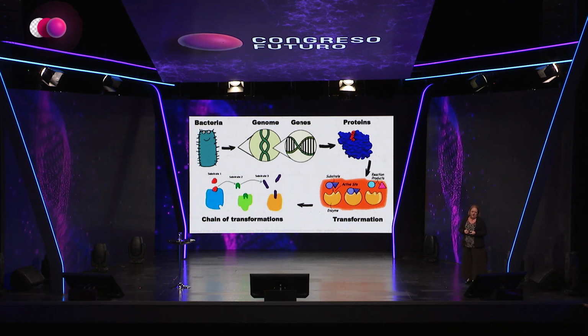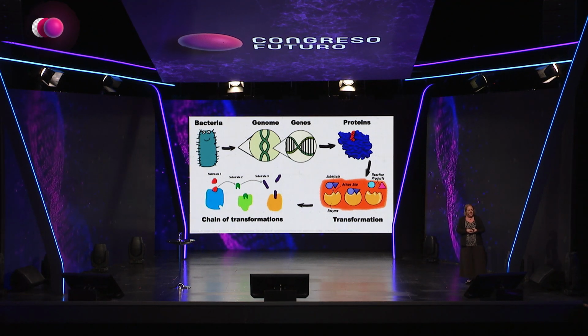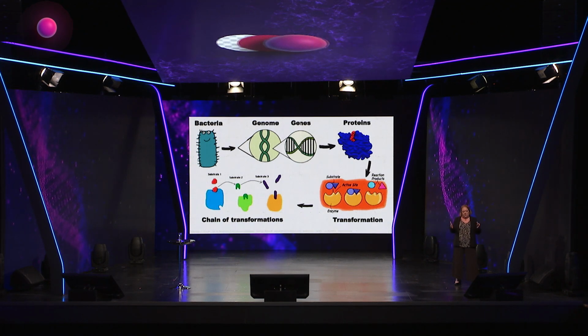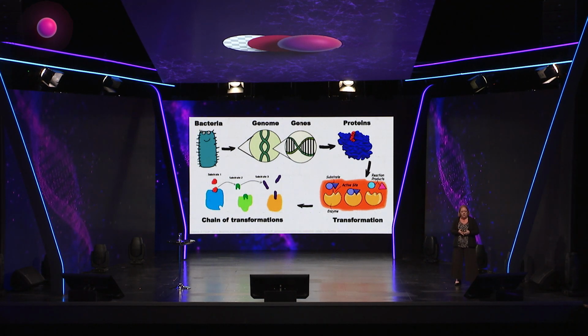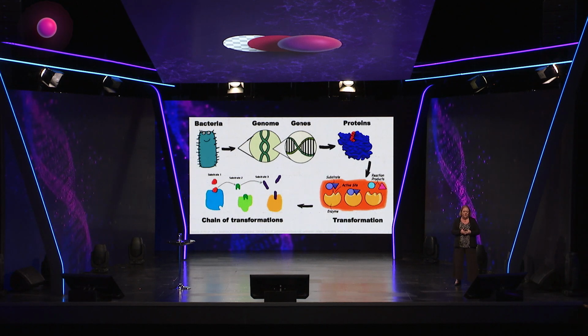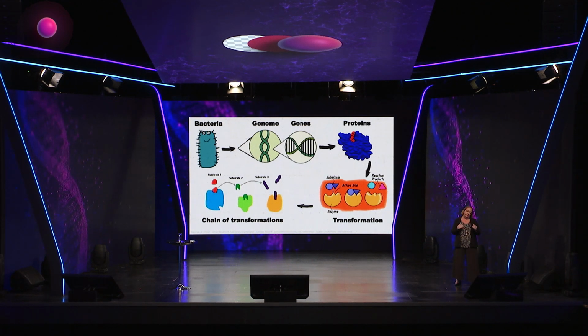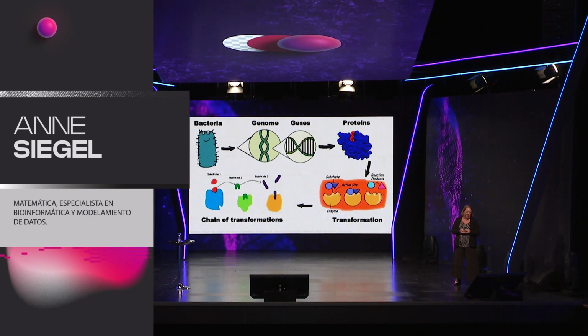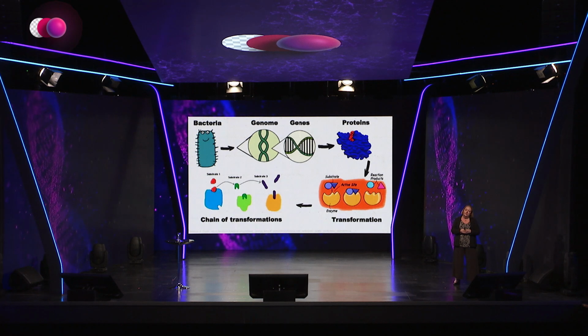So if you take this bacteria, you have this genome, and as soon as you have a genome, it's a DNA sequence, you can use computer science, bioinformatics, some software, which allow you to figure out which are the parts of the genome, so the genes, which encode some 3D macromolecules, which are called proteins.